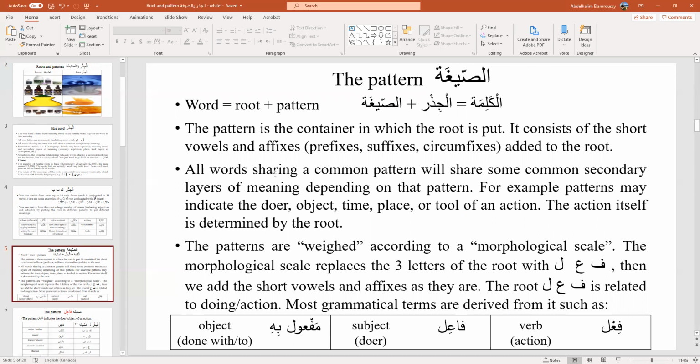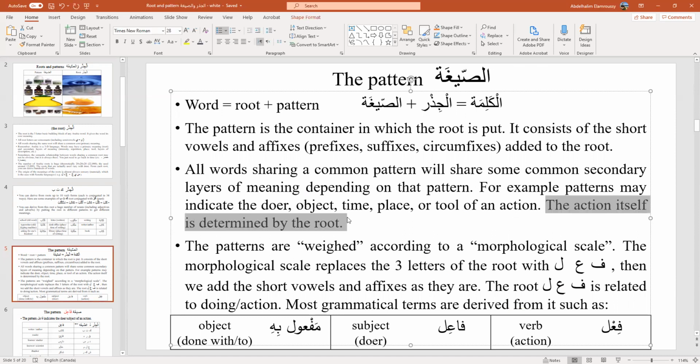All words sharing a common pattern will share some common secondary layers of meaning depending on the pattern that is used. For example, patterns may indicate the doer of the action, the object of the action, the time of the action, the place of the action, the tool of the action, etc. The action itself is determined by the root.